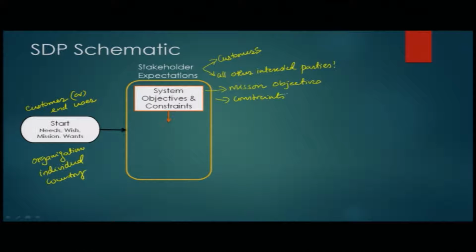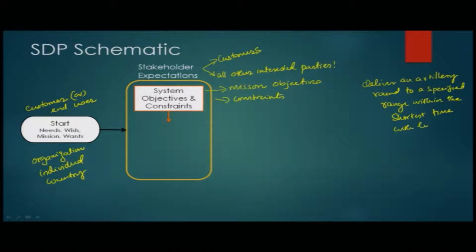If you talk about the development of a field artillery gun, the main objective is to deliver an artillery round to a specified range within the shortest time with high accuracy.